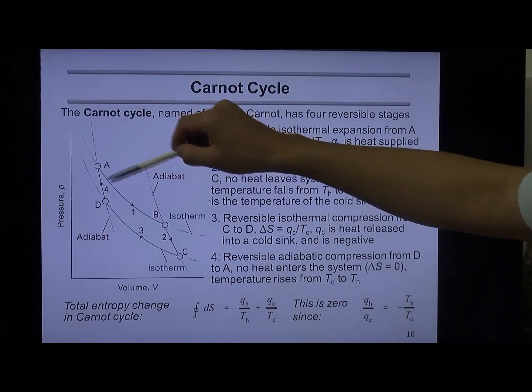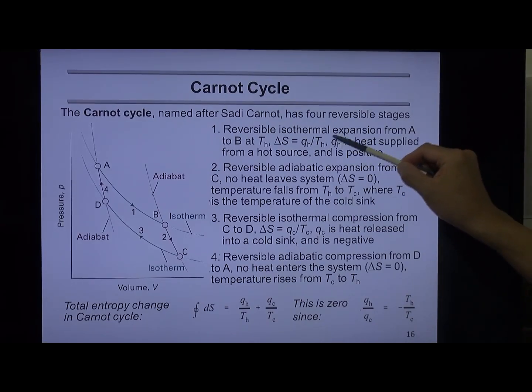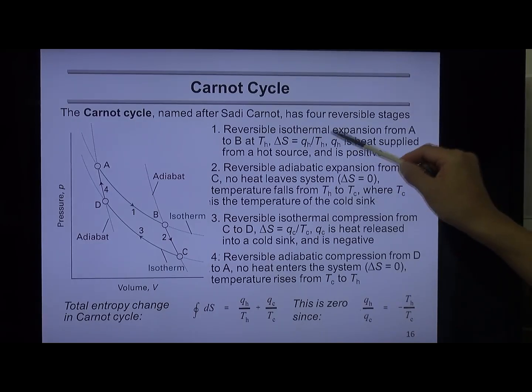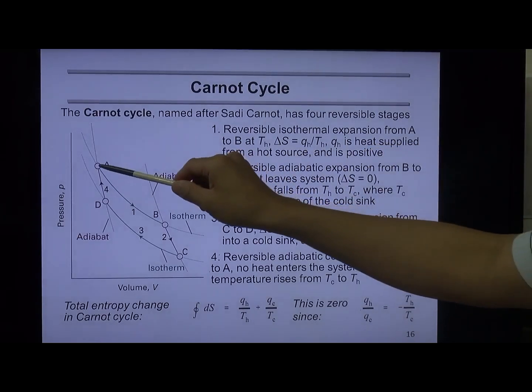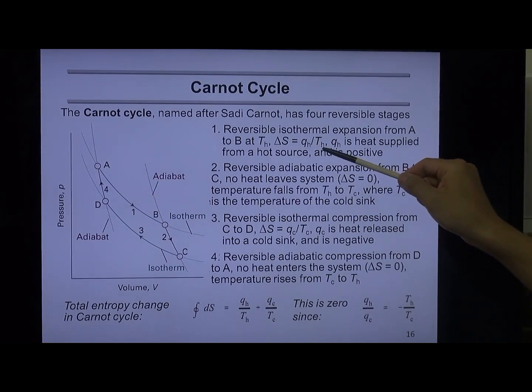And during this expansion, the system, the engine, does work on the surroundings, right? So W is negative, which means that Q is positive. This amount of heat is absorbed by this Carnot engine. Okay? So delta S for the first isothermal expansion is QH over TH.